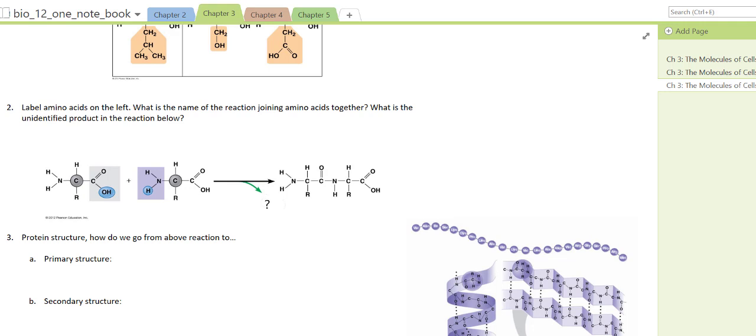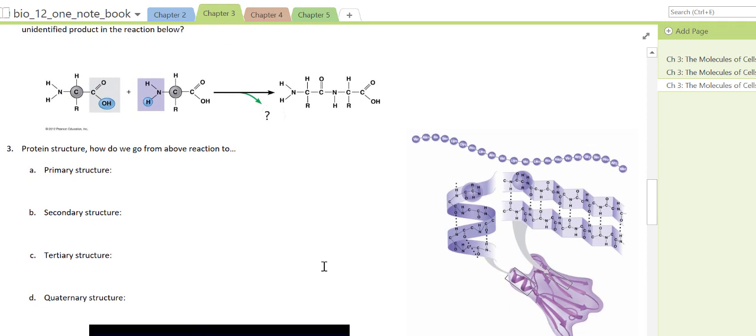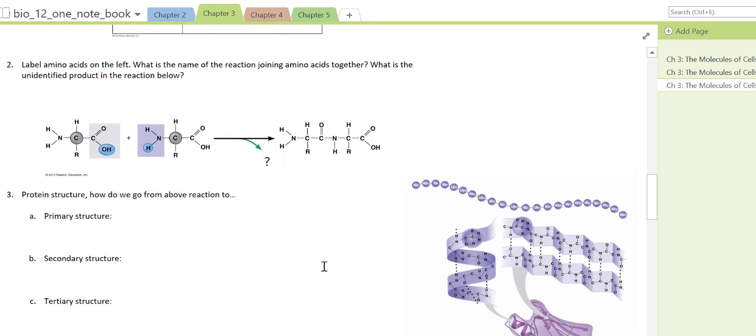Hey everyone, just to take off from where we left off last class, I'm going to get into protein structure here. We left off just finishing up in terms of understanding that to create a protein, we have to join amino acids together. Here we're joining two amino acids through a dehydration synthesis, right?